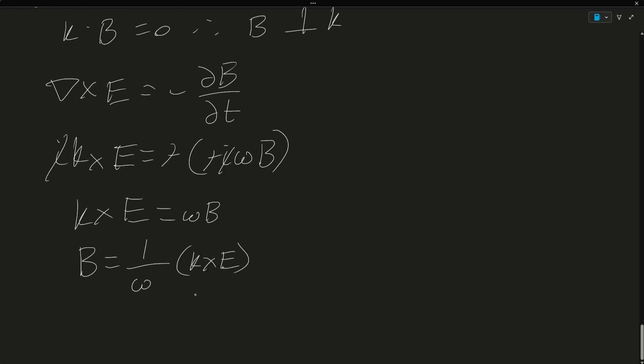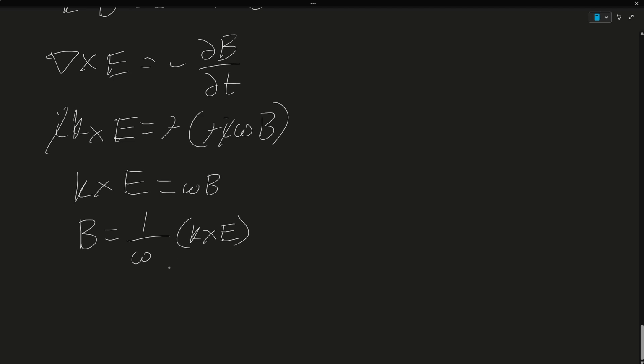What does this mean? Well, by definition of the cross product, B must be perpendicular to both vectors in the product, because that's what the cross product is.